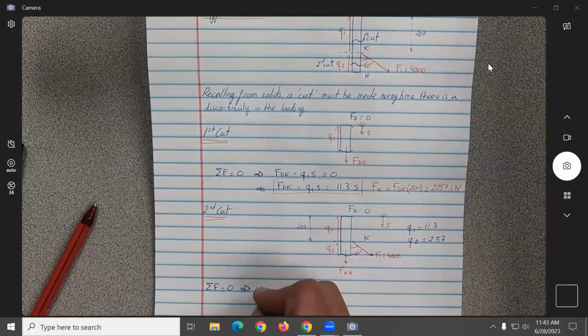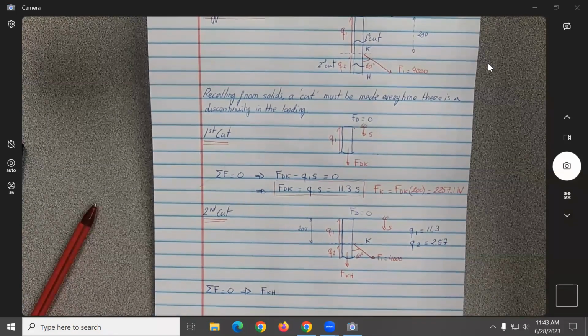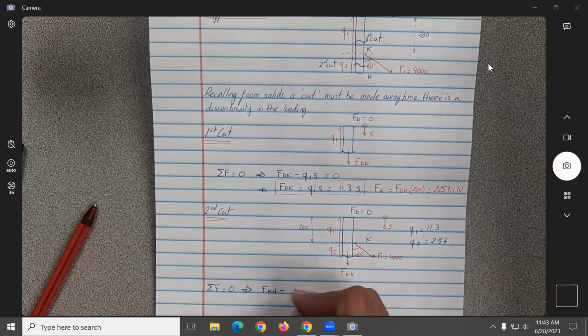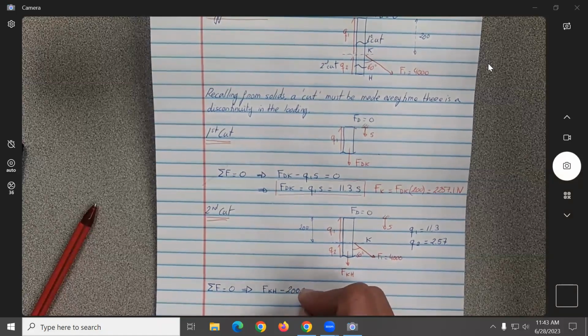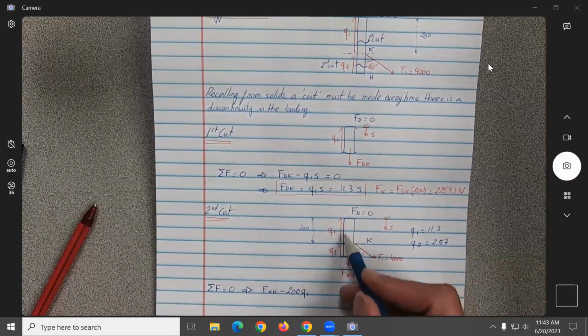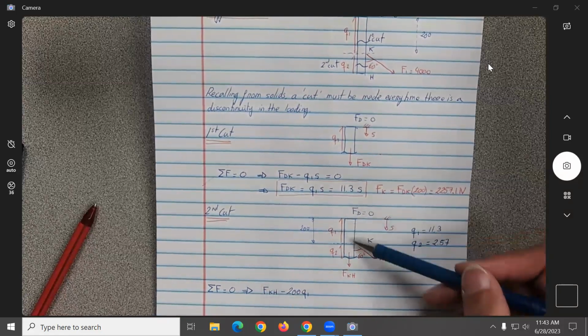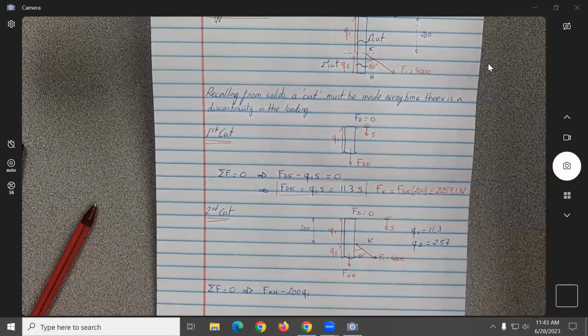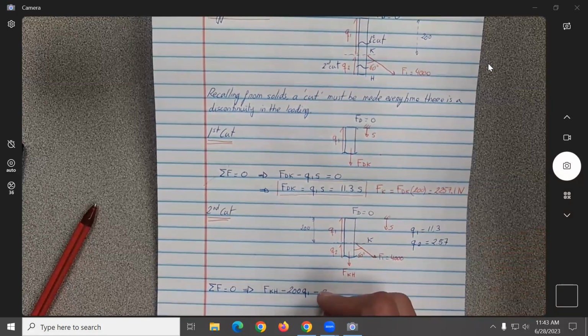Okay, let's do F. Let's start the same as before: F KH minus 200 Q sub 1. Now put 200 because we already passed, we make the whole 200. Now, what about Q2?